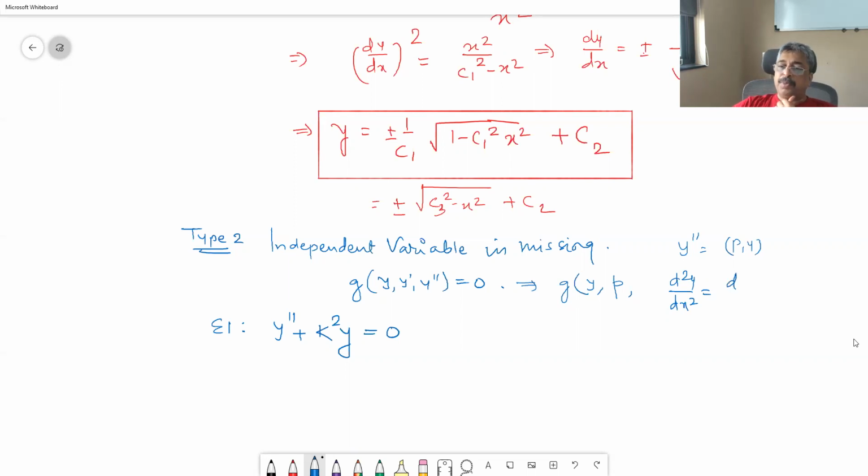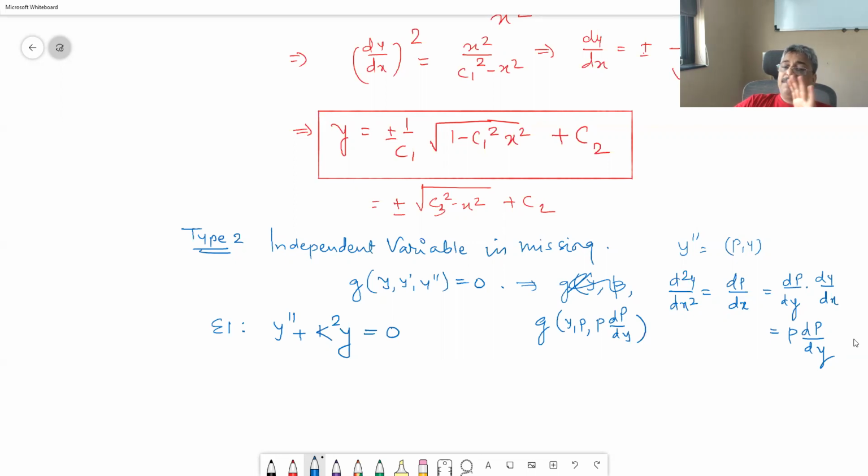So it is dp by dx, p is dy by dx, and then differentiated again to become d2y by dx square, correct? And we don't want x, therefore dp by dy I will make, and I will make it as dy by dx, which is p times dp by dy. So with this arrangement, I am making this function g of y comma p comma p dp by dy.